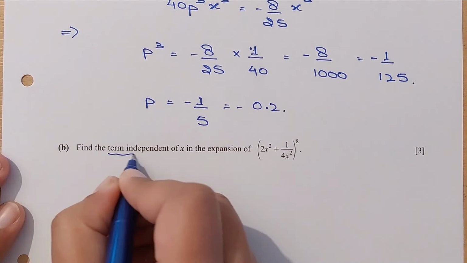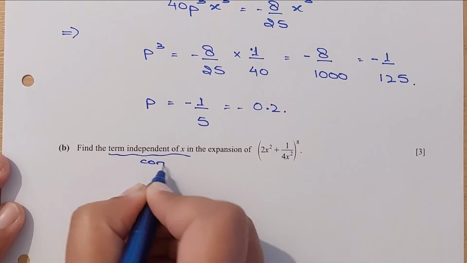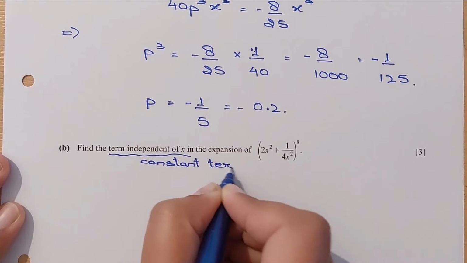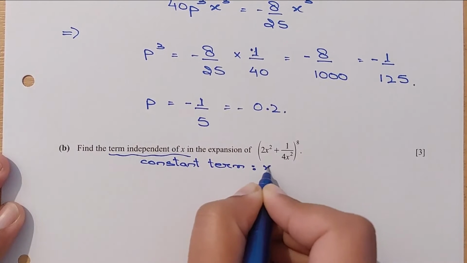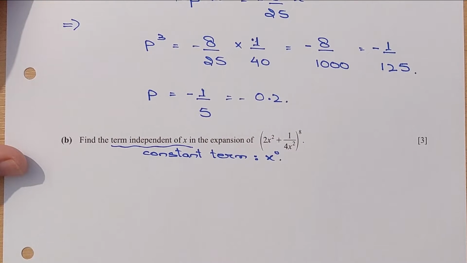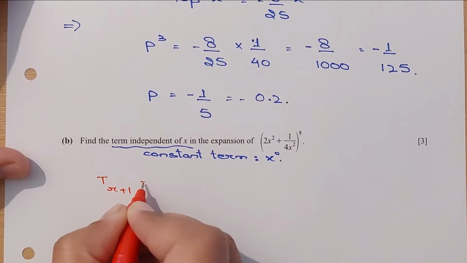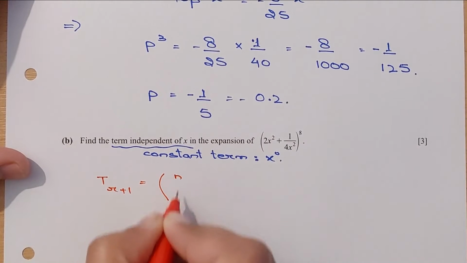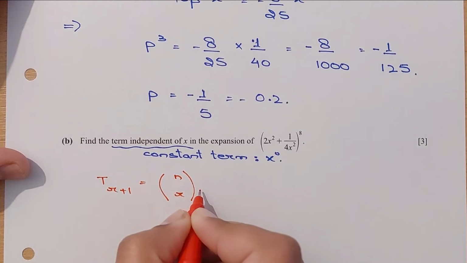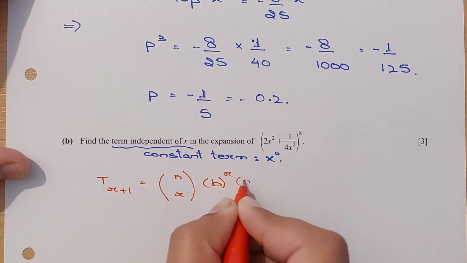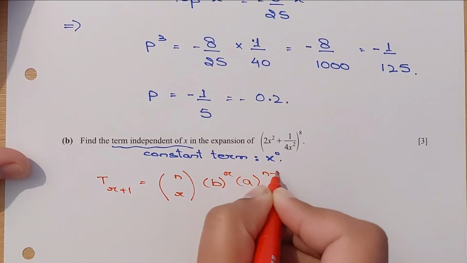The term that is independent of x is basically the constant term, when the x exponent is 0. So here we have to use the term formula of the binomial expansion, T(r+1) equals nCr, where the second term's power is r and the first term's power is n minus r.